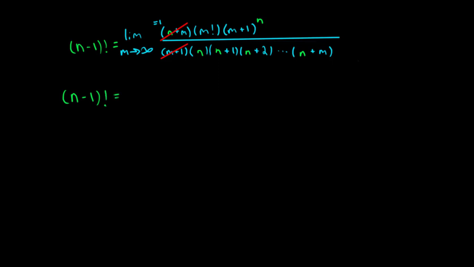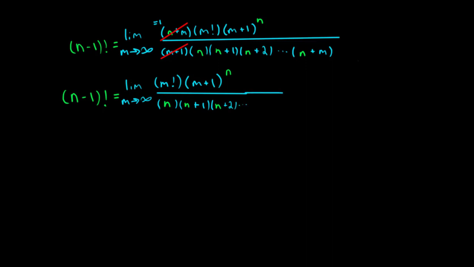I'm left with n minus 1 factorial equals the limit as m approaches infinity of m factorial times m plus 1 to the n, all over n times n plus 1 times n plus 2, and I have to extend this fraction a little bit, dot dot dot, times n plus m, which is exactly what we predicted this expression should be equal to for it to be n factorial over n.